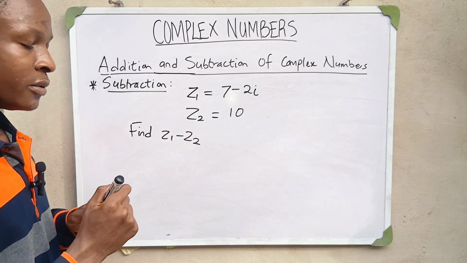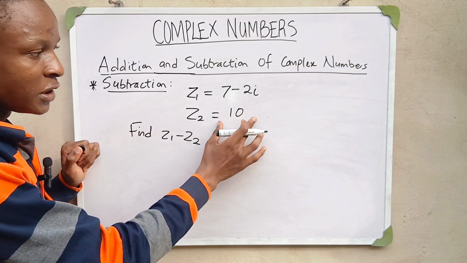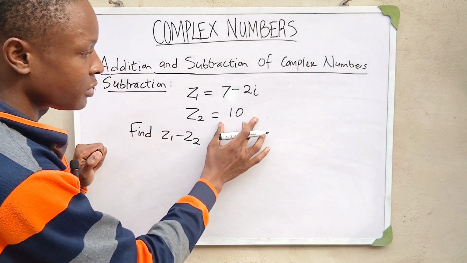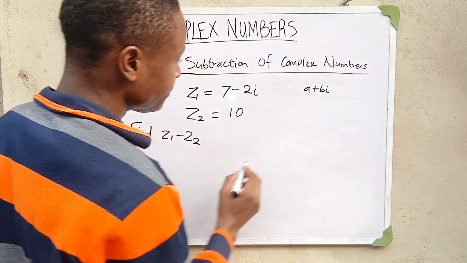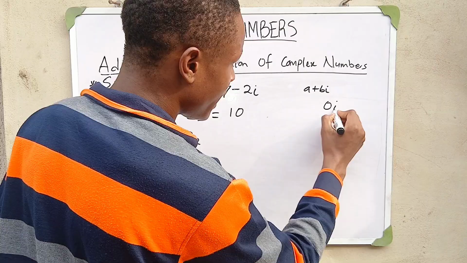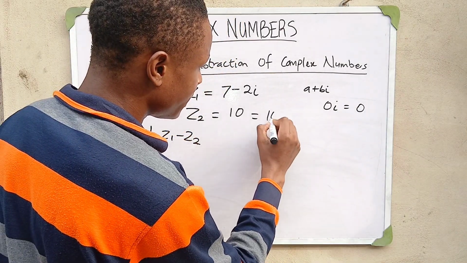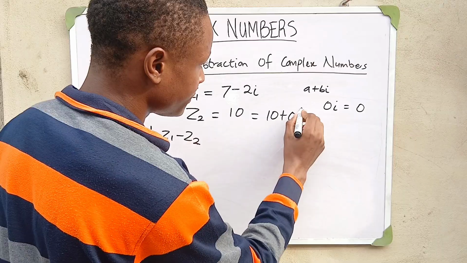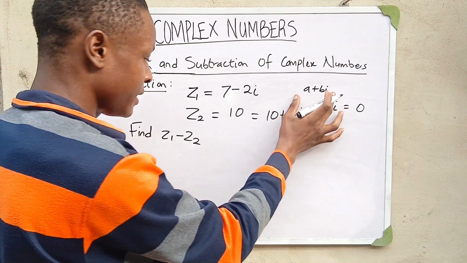So what do we do? Looking at z2, we have only the real part. For us to make this look like a complex number, we are going to follow the format, which is a plus bi. 0i is still the same as 0. So we can put this as 10 plus 0i to make it look like the format of a complex number, which is a plus bi.